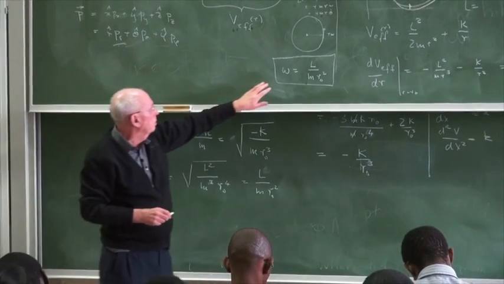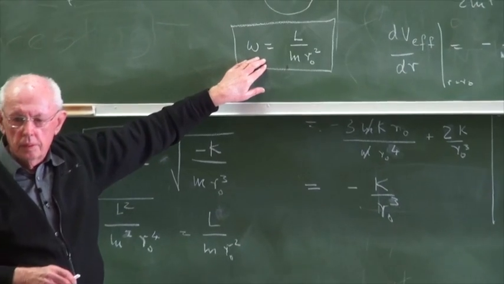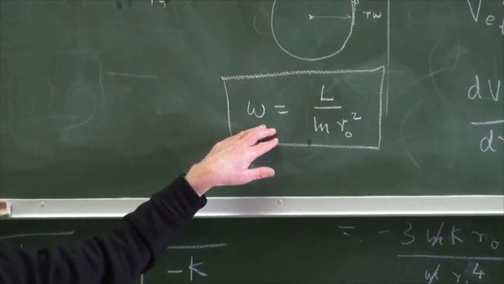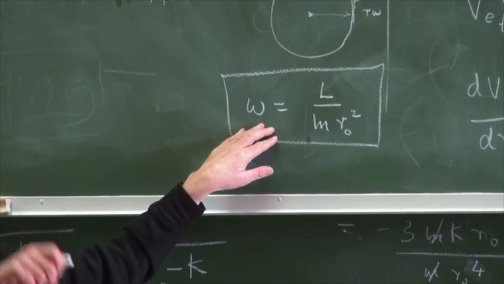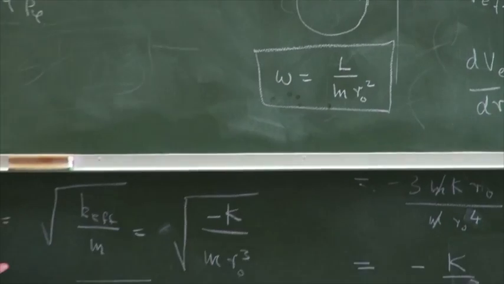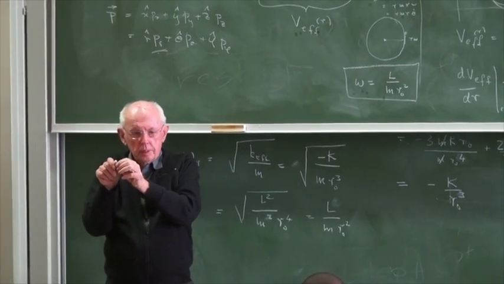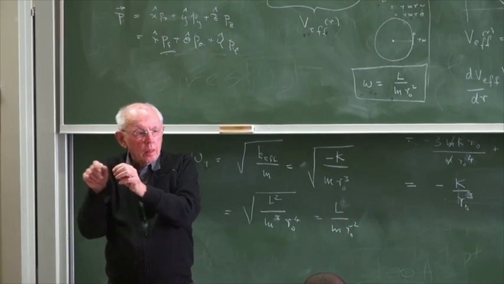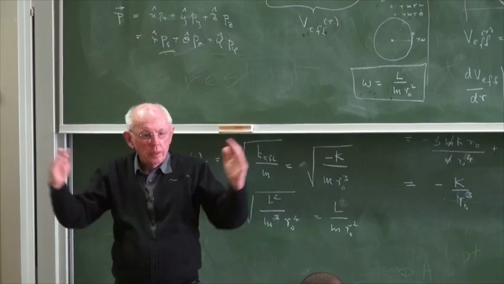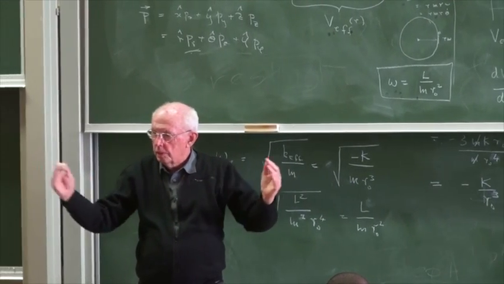So this was an omega, which was what? Circular motion. And this was another omega, which was going in and out. So these two frequencies are the same.